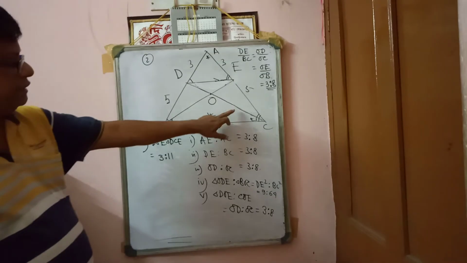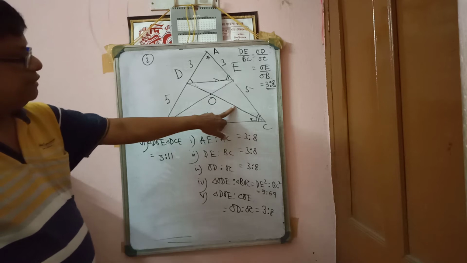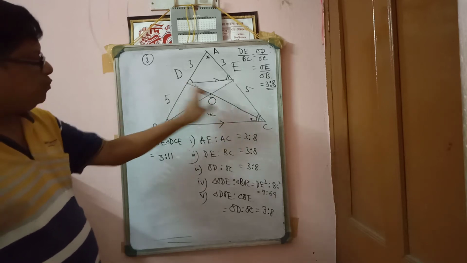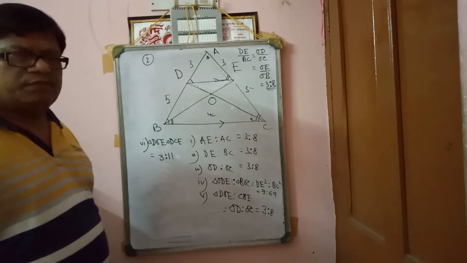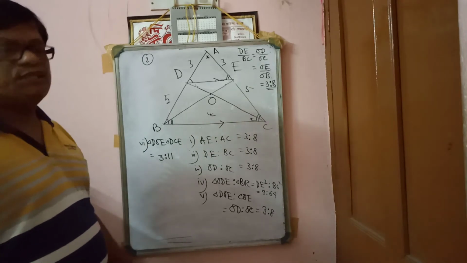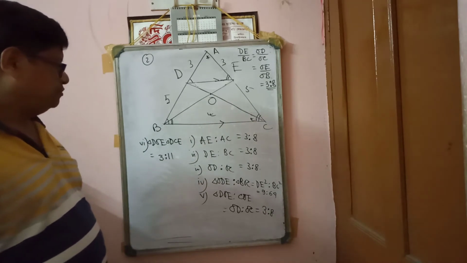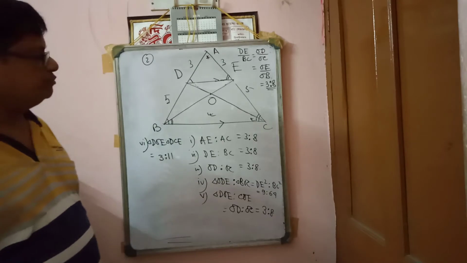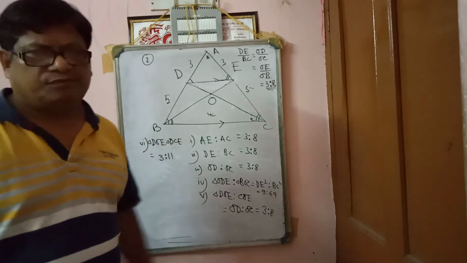This is 3, this is 8, so the whole will be 11. So it will be 3 is to 11. Now understood? Okay.